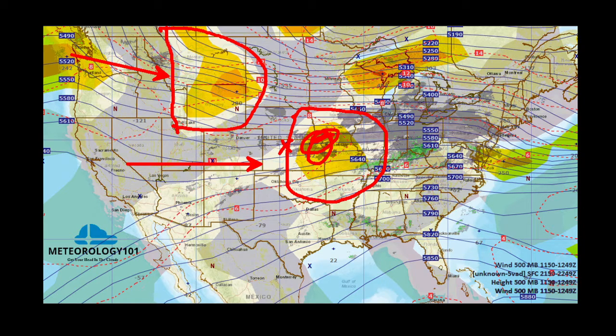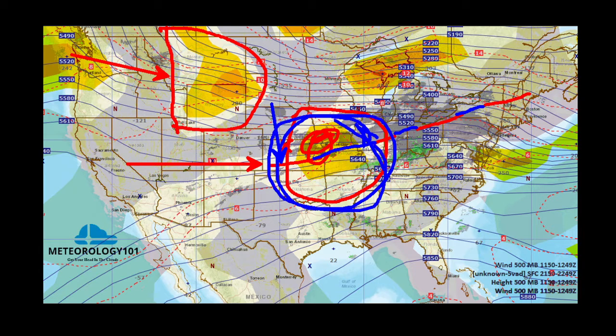Now if you have a vorticity advection over a front, so basically if a stationary front came through here, and you had that upward vertical motion, an indication of upper level divergence over that frontal system, then you can start getting warm air advection from the south, cold air advection from the north, and then you get your rotation.